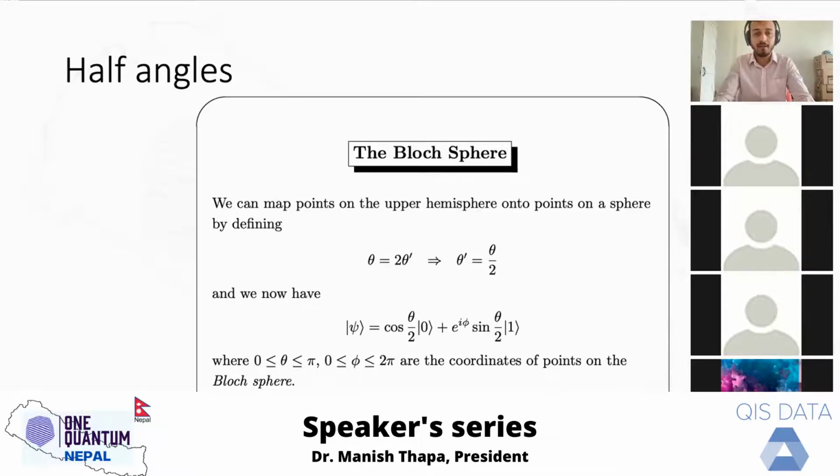And I would say that is the message which I'm trying to send across. So if you parameterize your general state like this, with cos theta by 2 times 0 plus e to the i phi sine theta by 2 times 1, right? So this is enough to obtain all possible states on Bloch sphere, right?